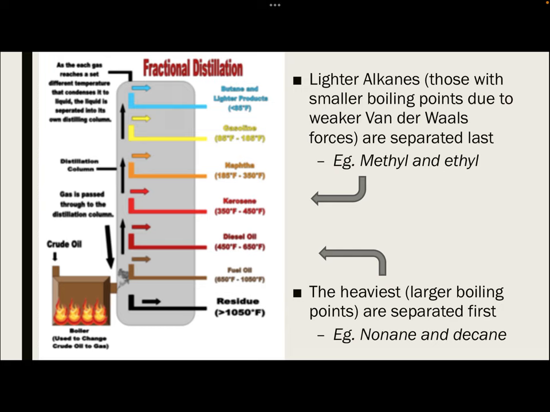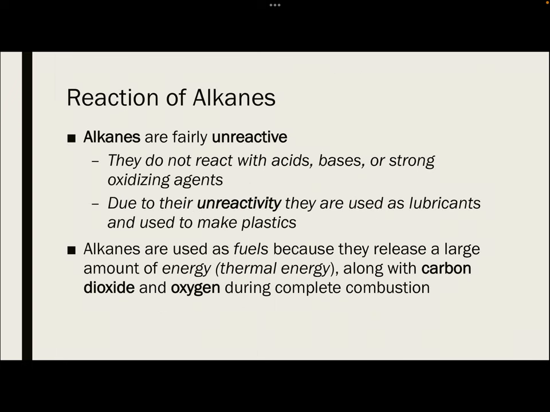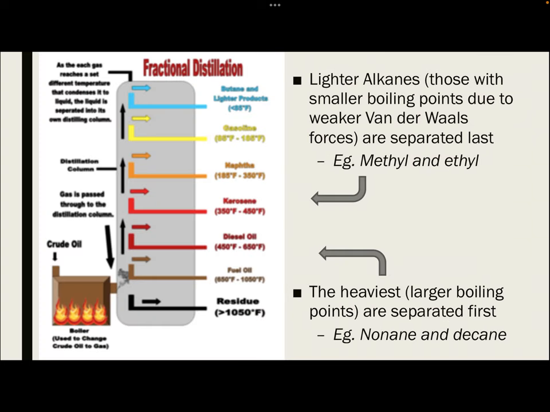Lighter alkanes, the ones that have smaller boiling points, such as methane, have weaker van der Waals forces, and they are going to separate last because they don't need as much heat. The heaviest ones, the ones with the longest chains, like decane, are going to be separated first, and they need to be closest to the heat in order to reach their boiling point.